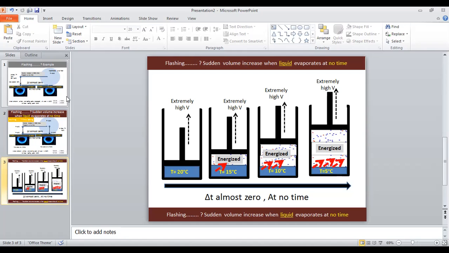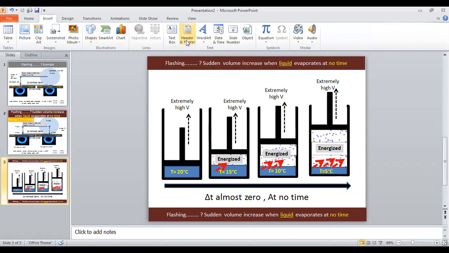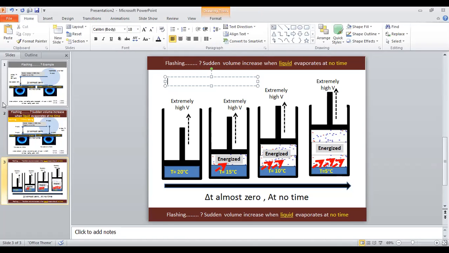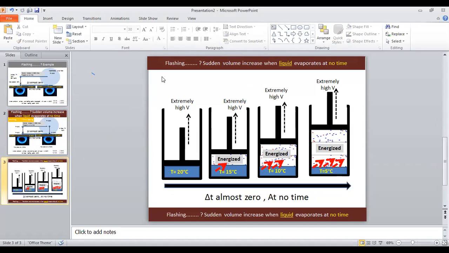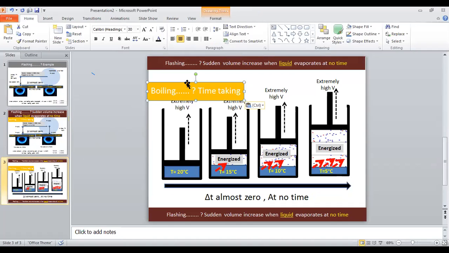What happens to this water? That's why these liquids all have something, a phenomenon called boiling. But standard boiling takes time.